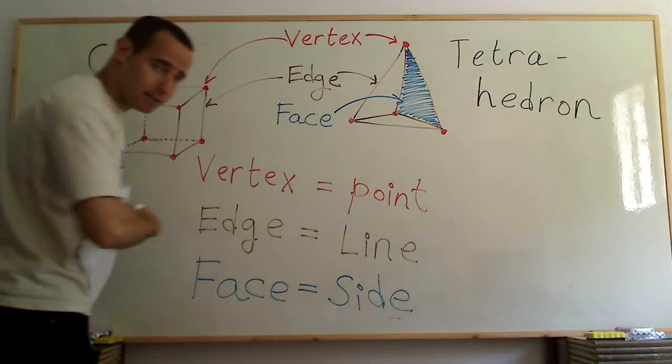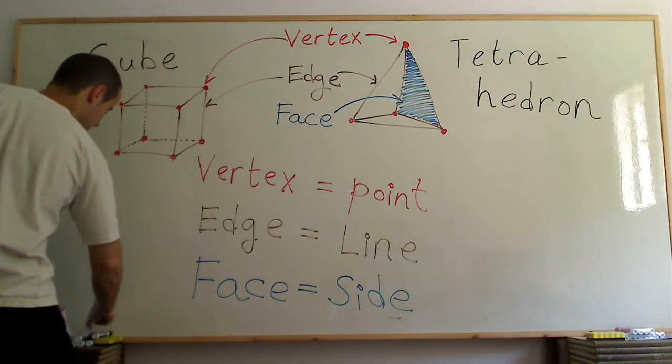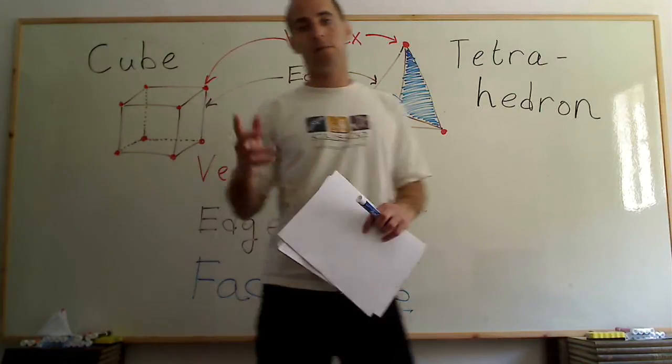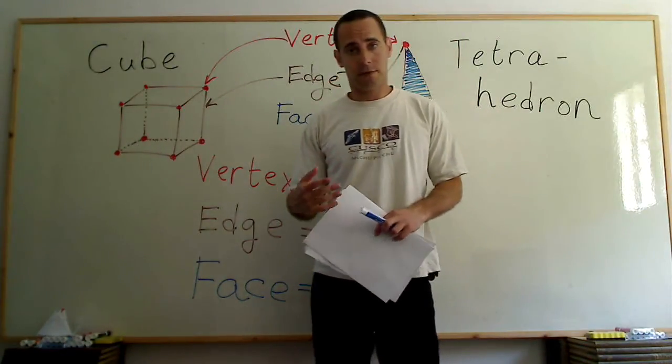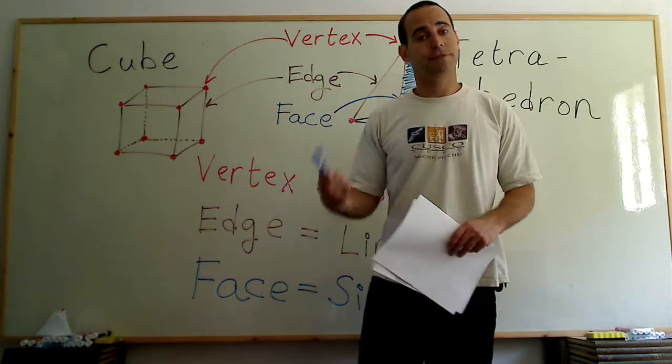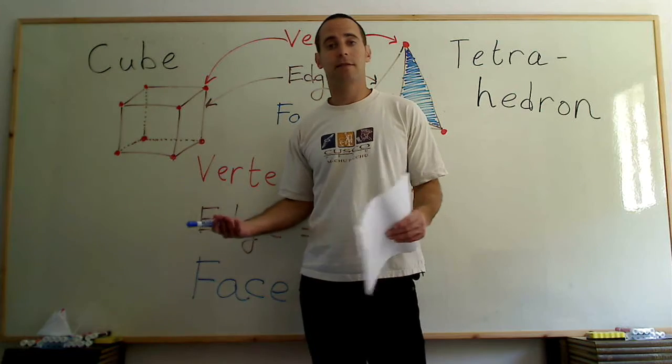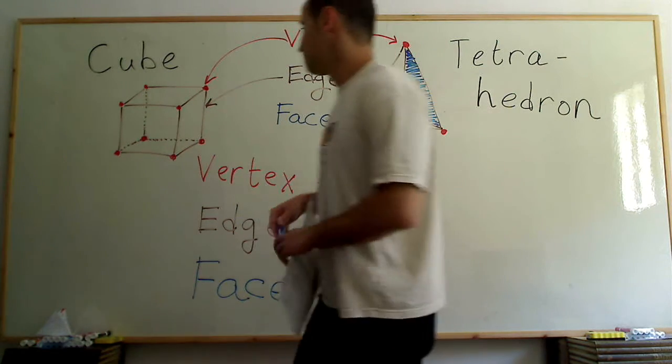How many faces does a cube have? Well, if you went to a casino and you throw a dice, it can fall on one of 6 sides, right? So each side is called a face. How many faces are there? 6 faces, 6 sides of the dice, of the cube.